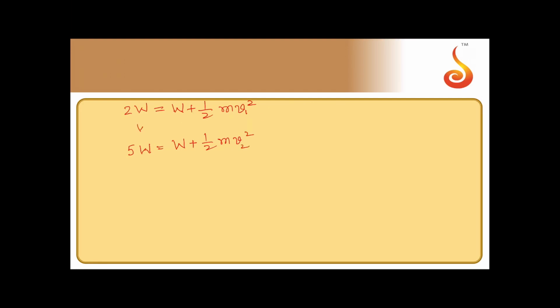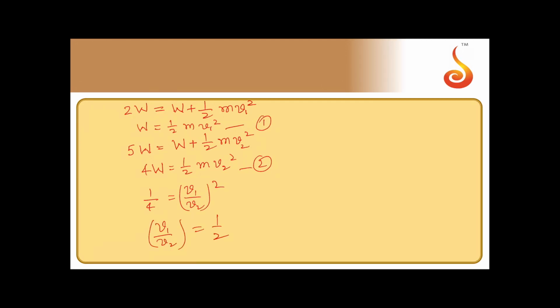Now from this you can write, W is equal to half m V1 square. From this, 4W is equal to half m V2 square. Now let us call this 1, this 2. So divide these two, what do we get? 1 by 4 is equal to V1 by V2 whole square. So V1 by V2 should be equal to 1 by 2, that is 1 is to 2, that is option B.